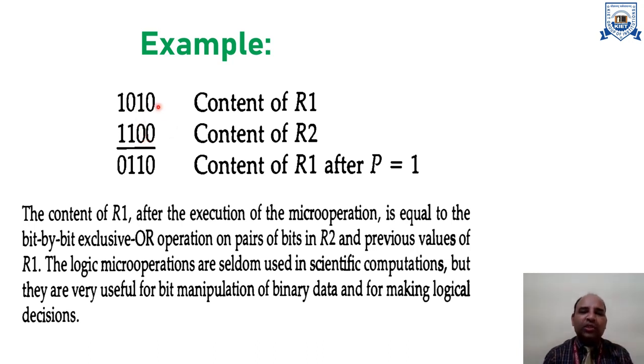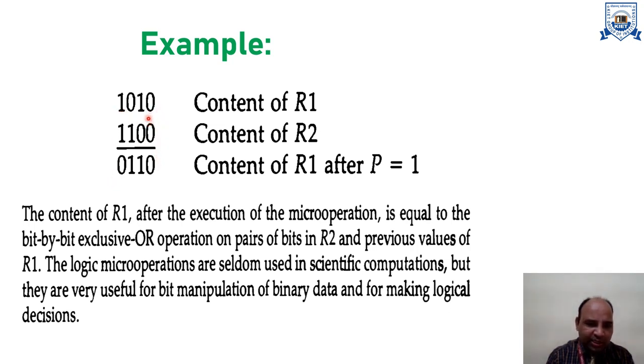You know that the exclusive OR operation gives 0 when the two bits are the same. When both are 0, as in the example, the result is 0. Similarly, look at the leftmost bit, which is also the most significant bit: 1 and 1 are the same, so the result is again 0. So 0 0 gives 0, and 1 1 gives 0.